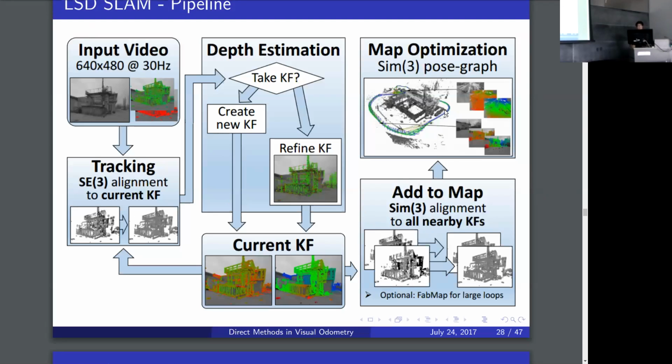What is Sim3? Sim3 is a similarity transformation with a scale and a rotation.